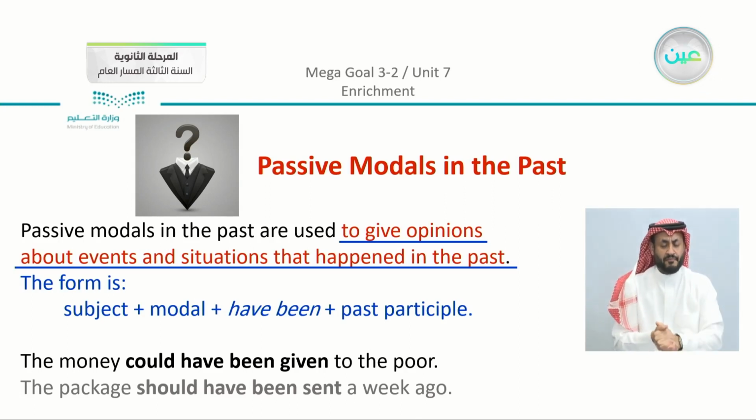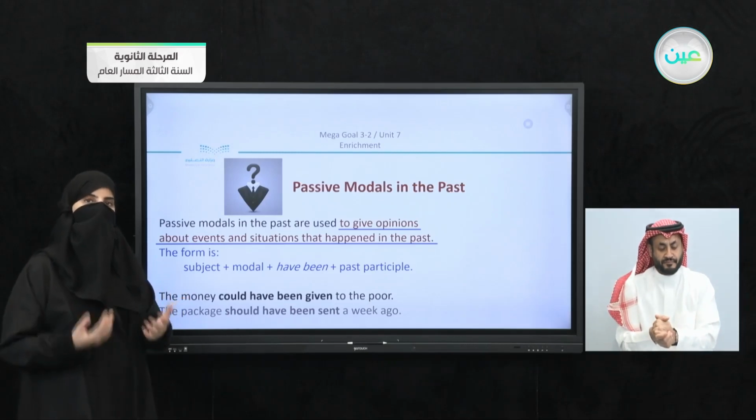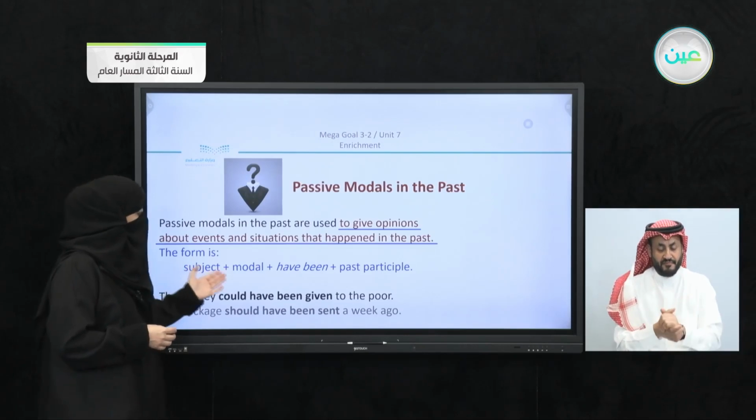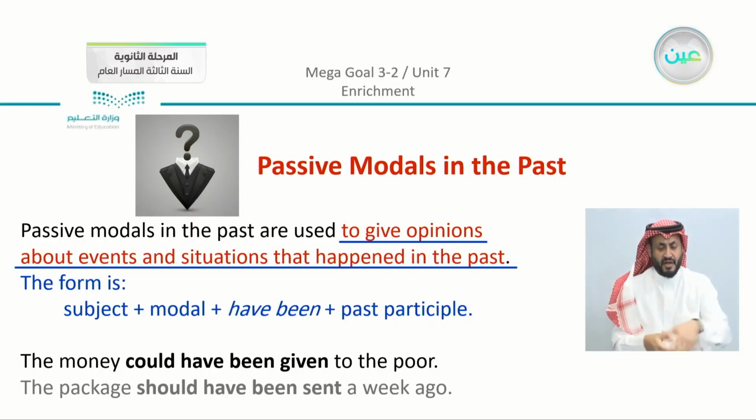Now, why do we use this structure? Because we mean the passive tense in the sentence. Also, we have the second one, the package should have been sent a week ago. So you can recall that we do have the subject at the very beginning, we do have the modals, have been, and also the past participle in the passive structure.